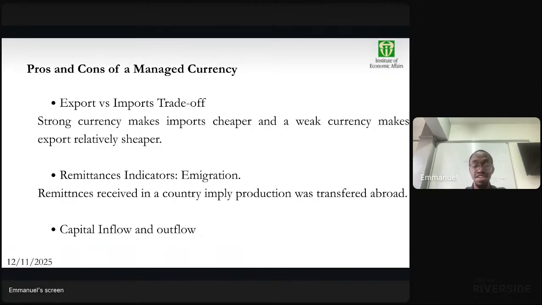So if a government is keeping a currency artificially strong, then it's picking the importers over the exporters. If it's keeping a currency artificially weak, then it's picking exporters at the expense of importers. But if it's moving naturally, then it is the market that picks who should win and who should lose, and market fundamentals, so to speak.